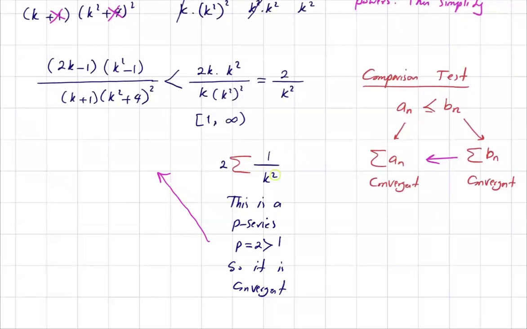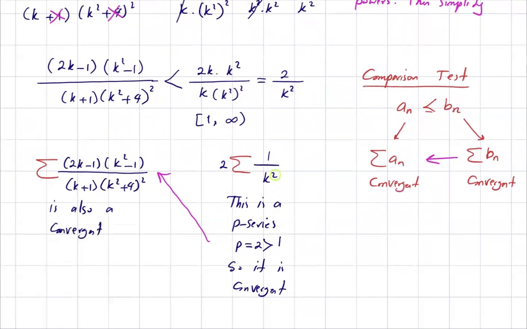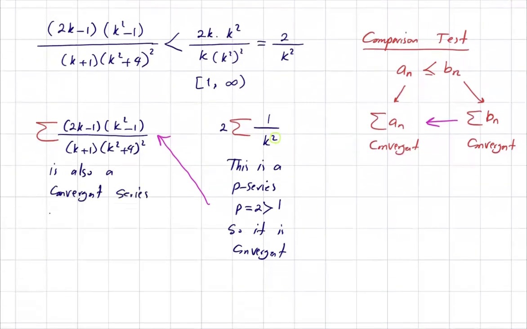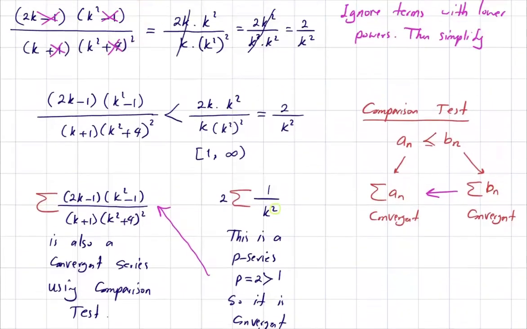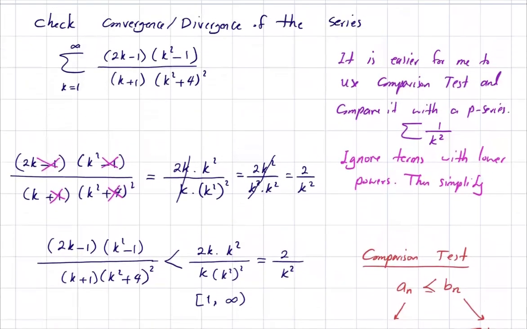So the series on the left, which is 2k minus 1 times k squared minus 1 divided by k plus 1 times k squared plus 4 to power 2, is also a convergent series using comparison test. So we just showed that this series, which looks a little bit more complicated than regular series, is a convergent series.